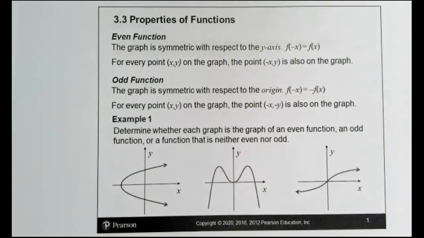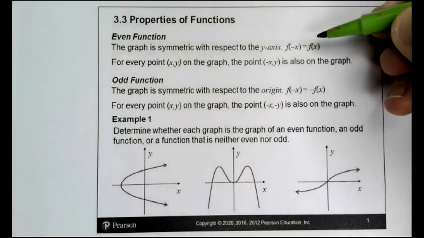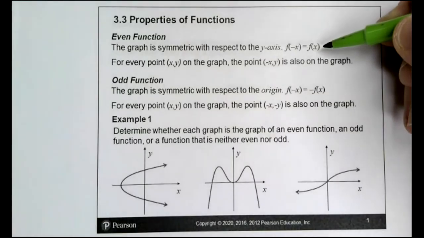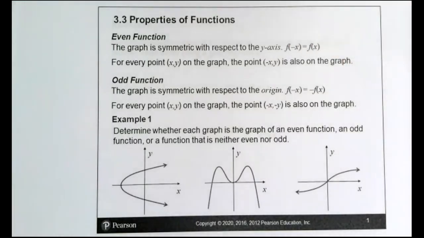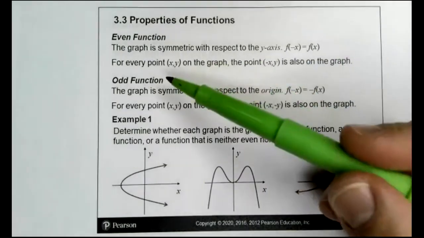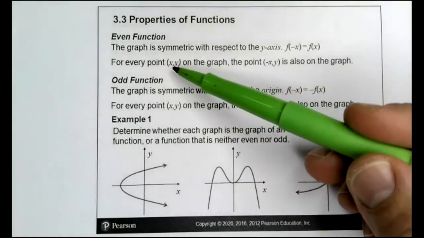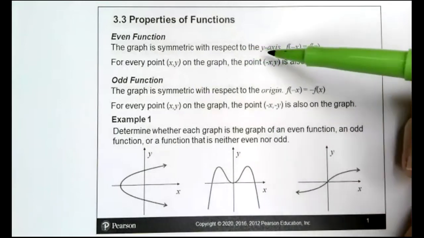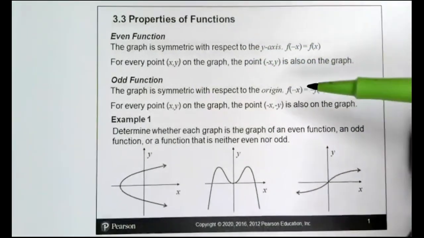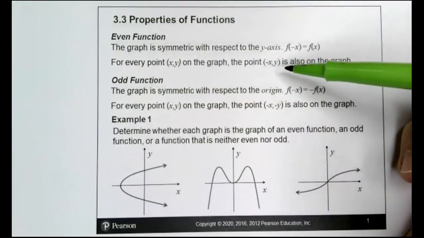If you only have the equation and you want to know if it's symmetric with respect to the y-axis, you put in a negative x for all the x values and you simplify to see if you get the same original function back, okay? You can check the points. If x, y is on the graph and it is an even function or symmetric to the y-axis, then negative x, y is also on the graph, or opposite x, y.